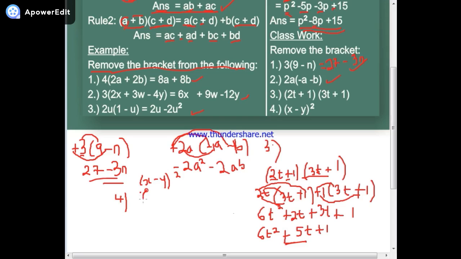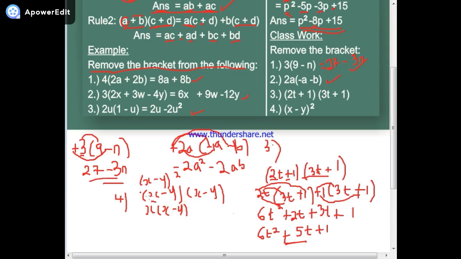So that means you just say x minus y, close the bracket, and multiply it again, x minus y, close the bracket. So you use this first x to open the second bracket. That is x minus y, and close the bracket again.